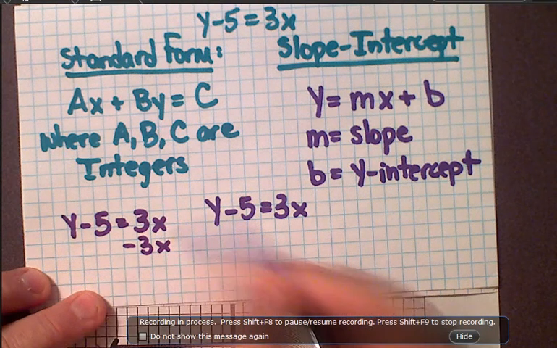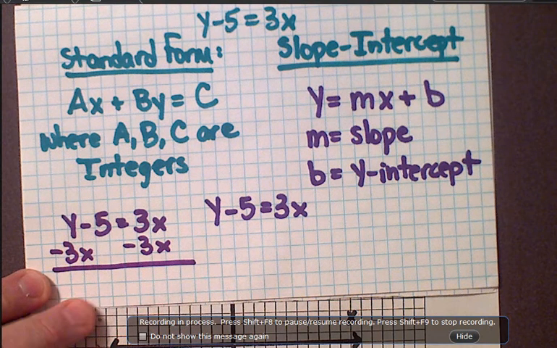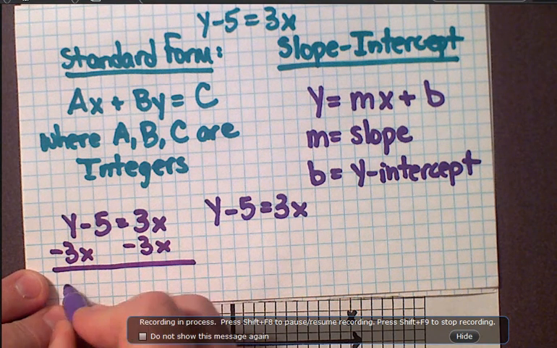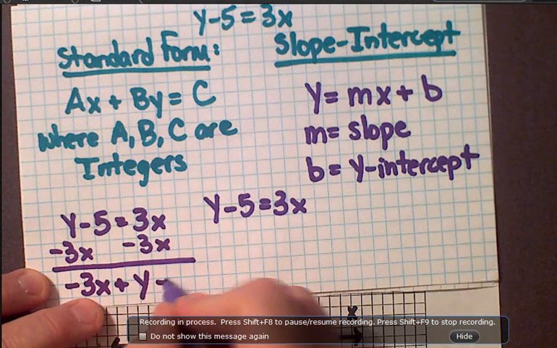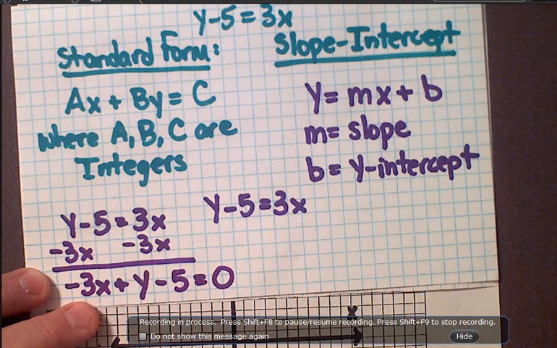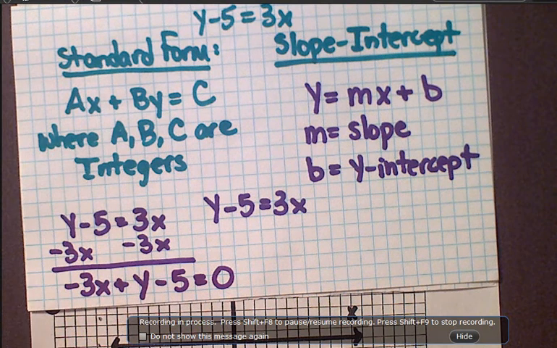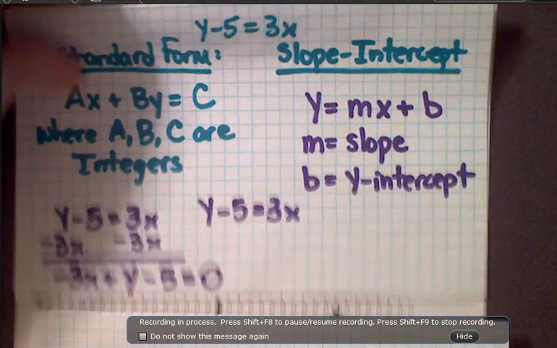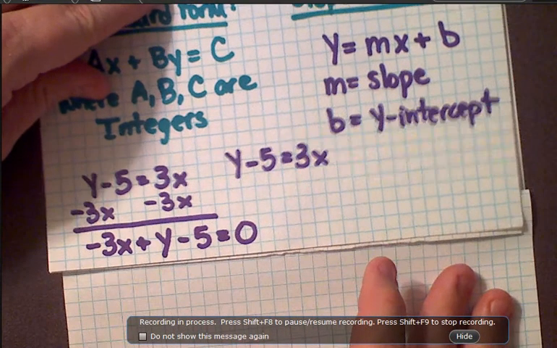So I'd bring the 3x over by subtracting 3x from both sides. I would then get a negative 3x plus y minus 5 equals 0. And then from there, I would take the 5 and move it across the equal sign and put the 5 over where the 0 was to isolate the x's and the y's.